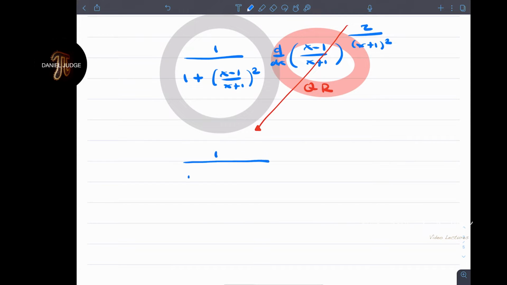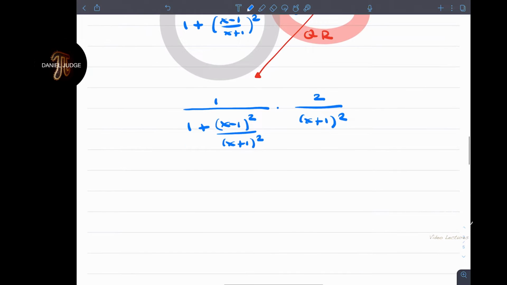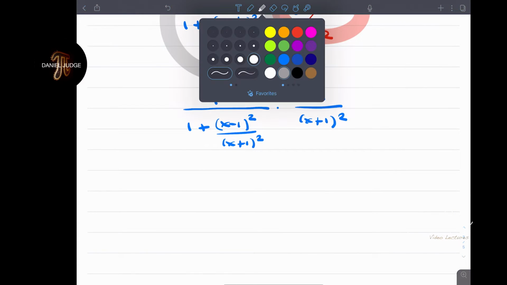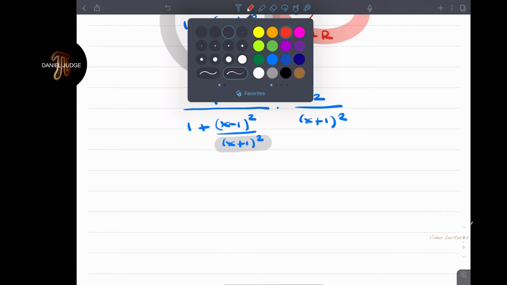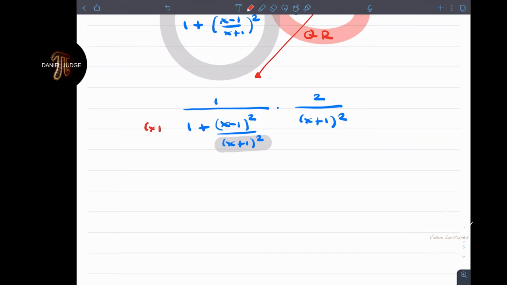One over 1 plus x minus 1 squared over x plus 1 squared times 2 over x plus 1 squared. So down in here, we're going to do some arithmetic here. This is a complex fraction. I'm going to write this as x plus 1 squared over x plus 1 squared.